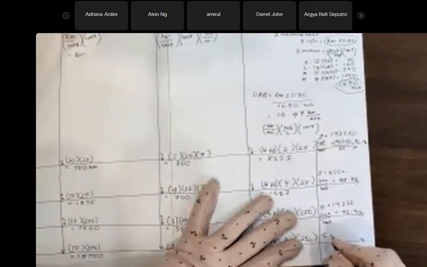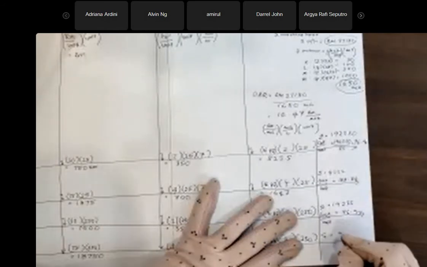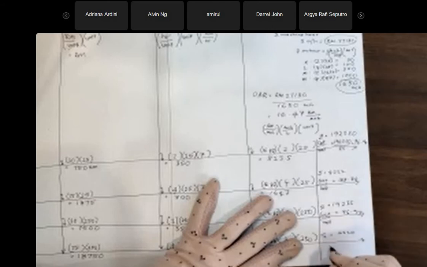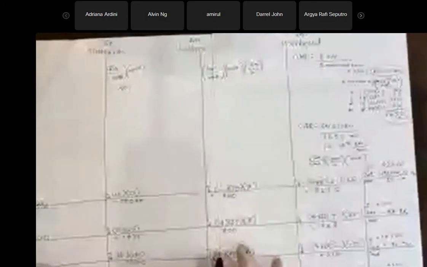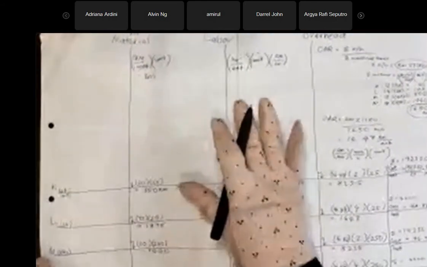And this one total is 4220, cost per unit is 168.8. So now it's complete.